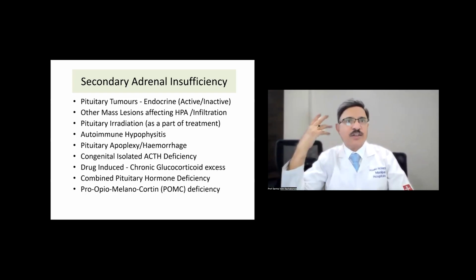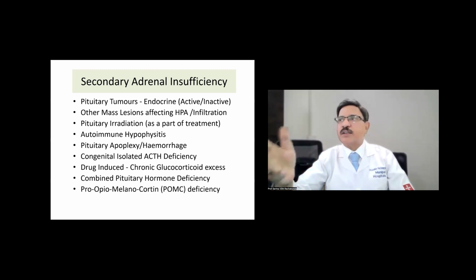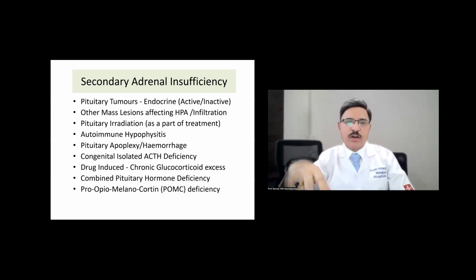When the pituitary adenoma is in a non-operable location, then you irradiate the pituitary. So pituitary irradiation of any nature; autoimmune hypophysitis, just like autoimmune adrenalitis; pituitary apoplexy or hemorrhage, some sort of cerebrovascular accident causing hemorrhage into the pituitary; congenital isolated ACTH deficiency, a very rare disorder.